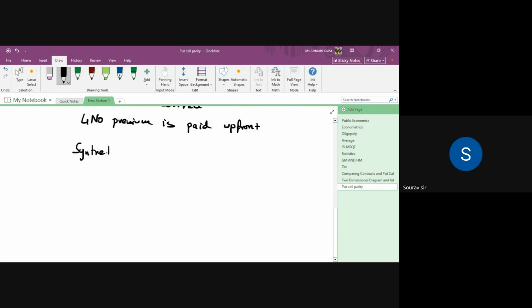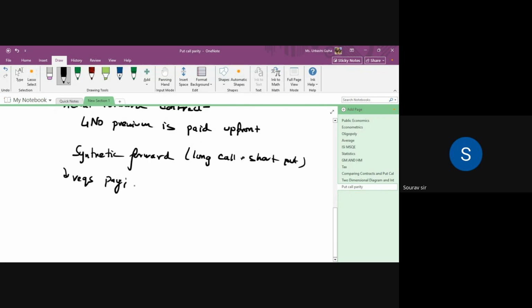If I talk about synthetic forward, that is long call plus short put. So it requires paying or receiving the net option premium. Depending on call and put prices, this is the main cost difference.